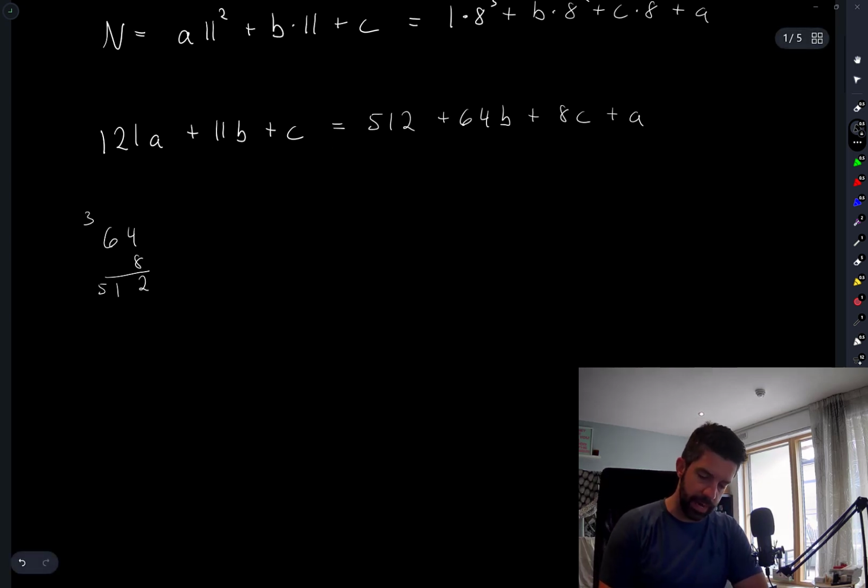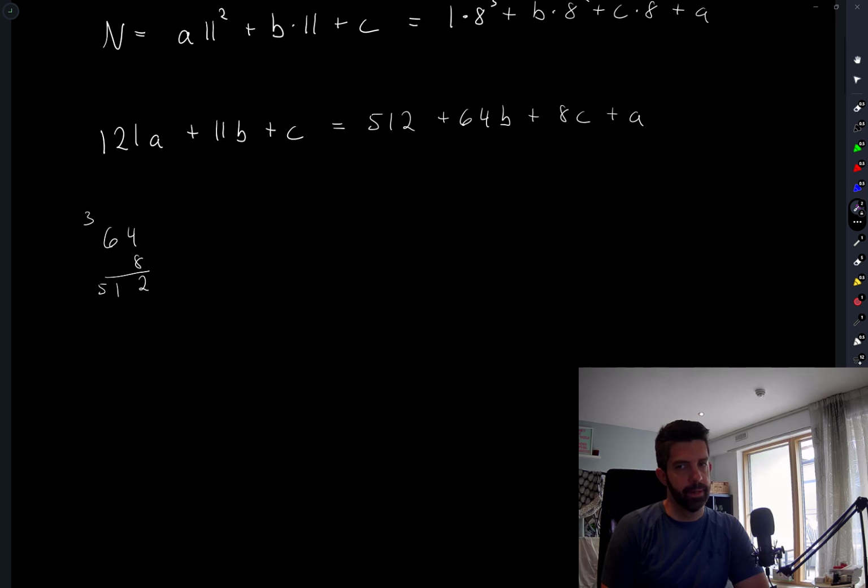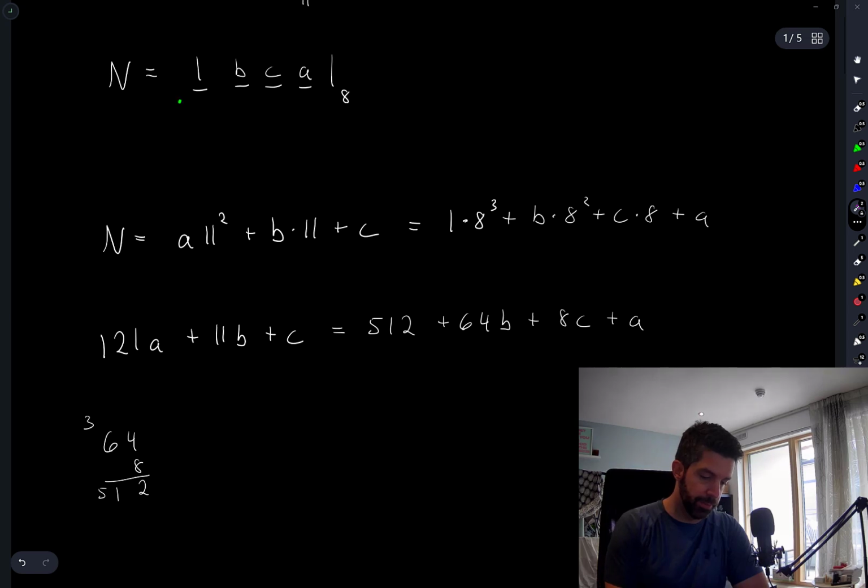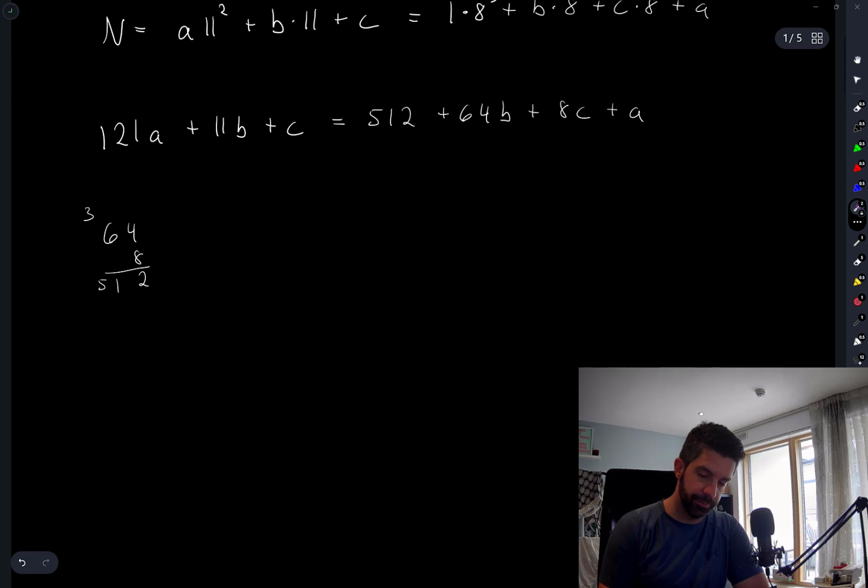Okay, so now I have an equation that a, b, and c have to satisfy. A, b, and c have to be numbers less than or equal to 7. They have to be between 0 and 7 because we're given this number in the base 8 representation. So these digits have to be 7 or less.